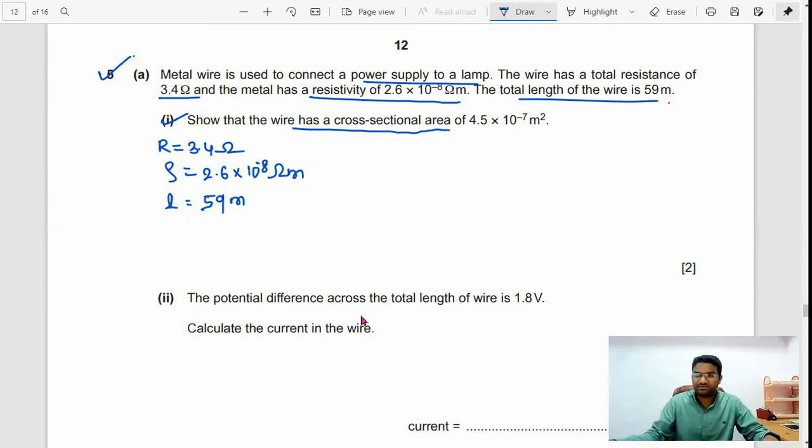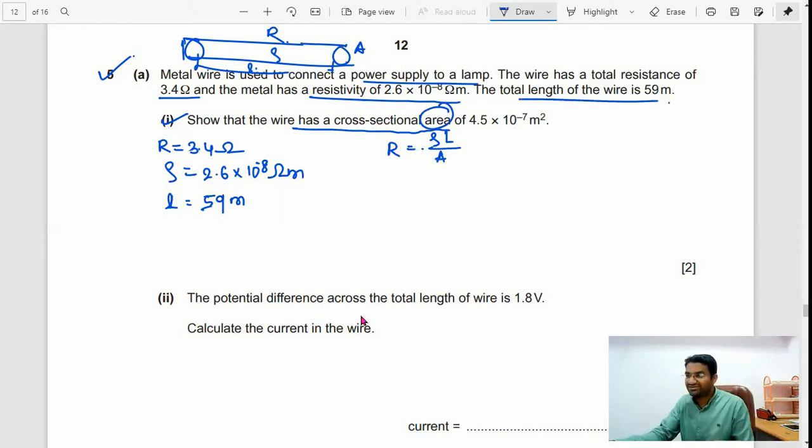So here our formula is the resistance of the wire. Let's say this is a wire, and it has a cross-sectional area A, resistivity rho, and length, let's say L. So R, the resistance, is equal to rho L over A. Because we have to find the area, we have to rearrange the terms, right?